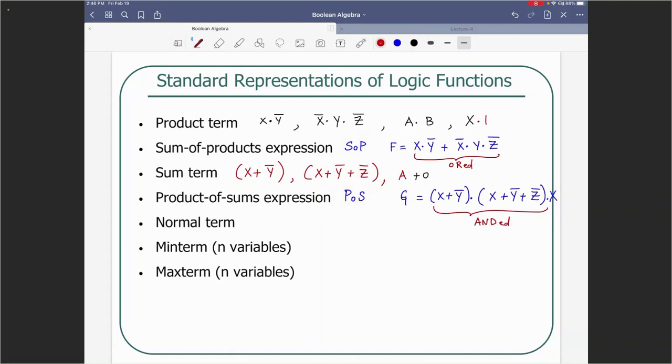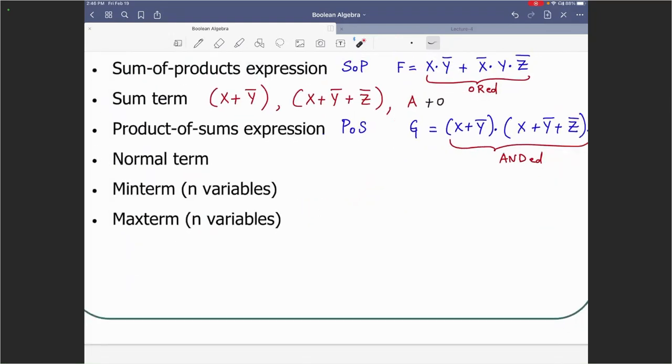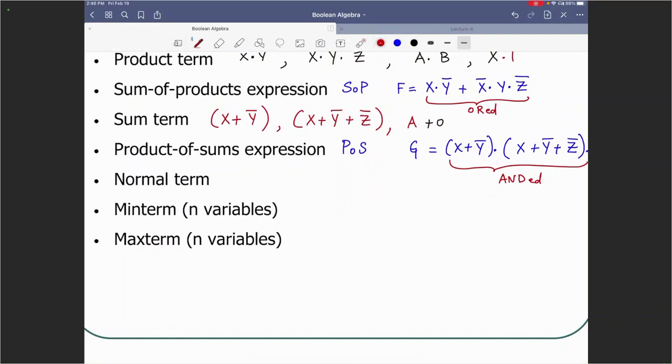Now, before I define the normal term, let me actually define the minterms and maxterms first, because once I do that, it'll be easier to talk about a normal term. So let's do minterm first. So for minterm, let's say I use red.